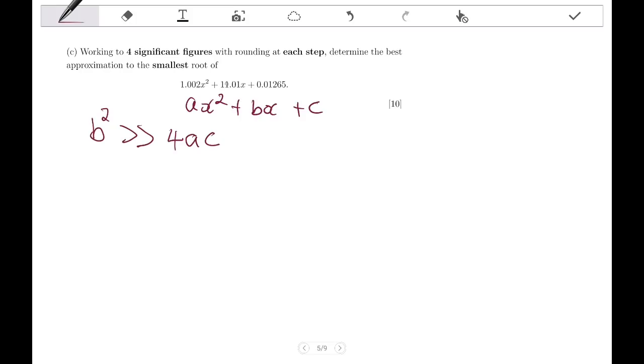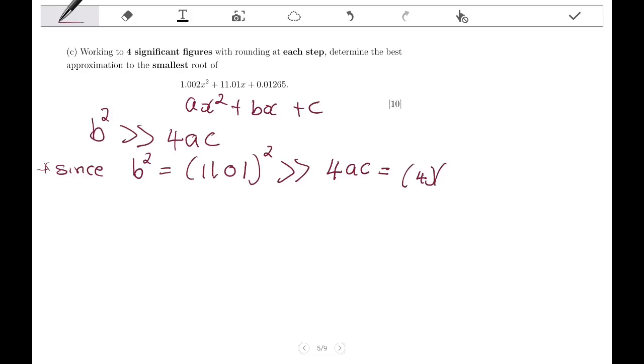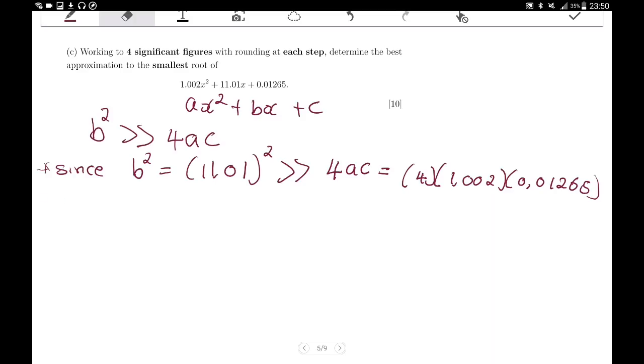So from this, we can start by saying that b squared is equal to 11.01 squared, which is greater than 4ac, which is equal to 4 times a, which is 1.002, multiplied by c, which is 0.01265.